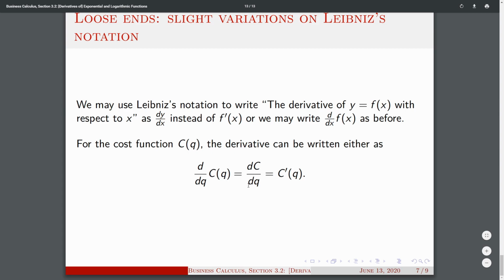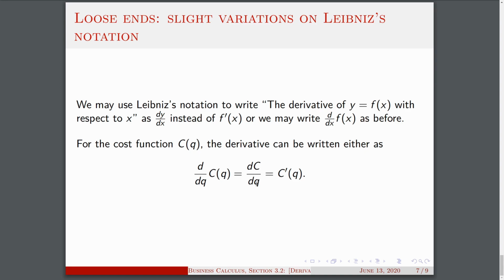You always hear this language, with respect to q. It just means that that's the variable that we're changing. We're considering a relative change of variables. Like we're changing q, and we're looking at what happens as we change c. Not a deep thing, just kind of confusing language sometimes.